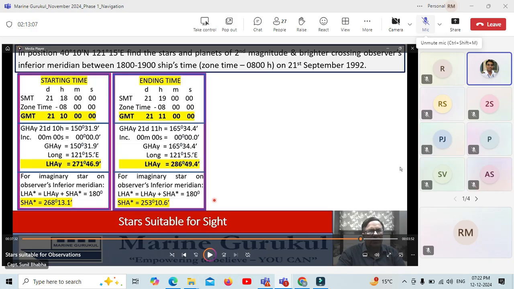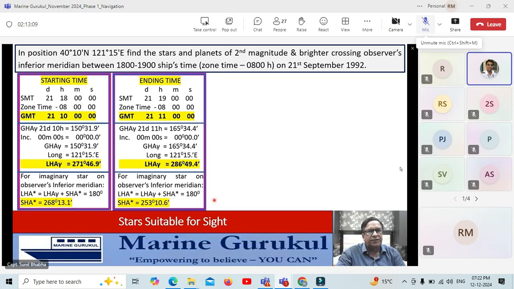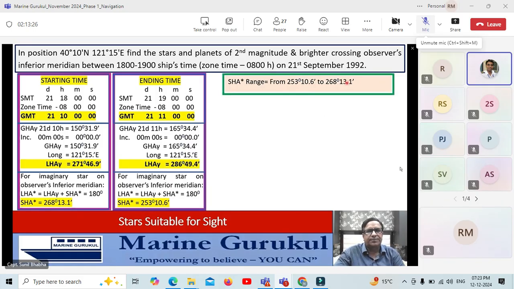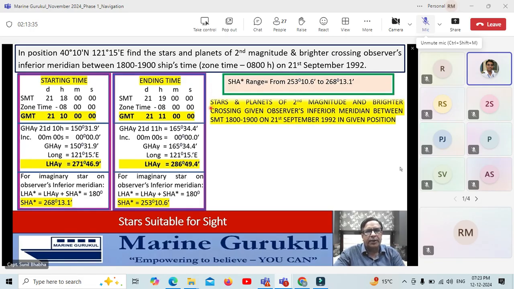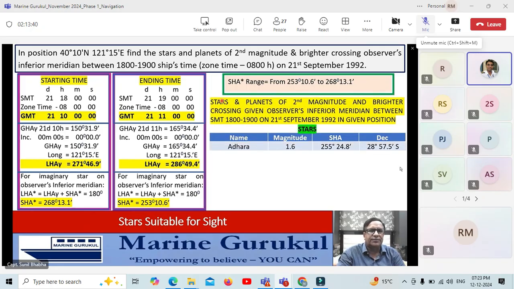Now we have obtained the range of SHA in which we have to find the stars and planets of the required magnitude. The SHA range of interest to us is from 253 degrees 10.6 minutes to 268 degrees 13.1 minutes. We go to the star tables, look for stars in this range with magnitude of 2 and brighter, and we get the following stars.